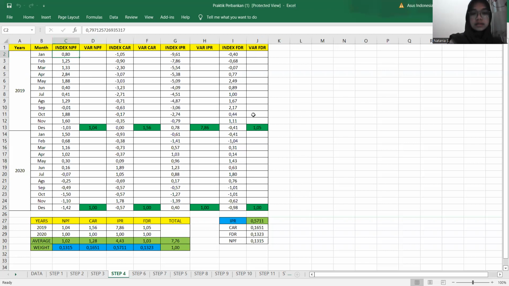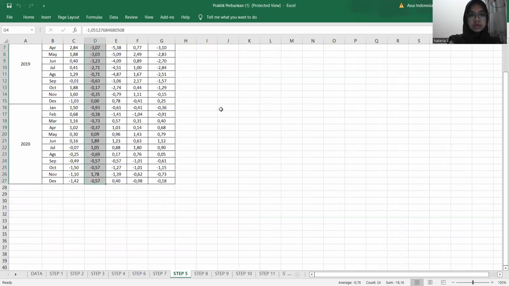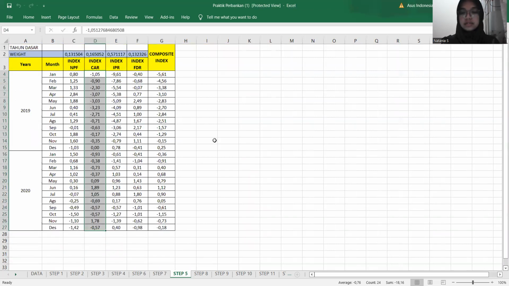Okay, and next we go to step 5. In this step, there is indicator aggregation. The definition is that the sort is carried out in accordance with the guiding theoretical framework.